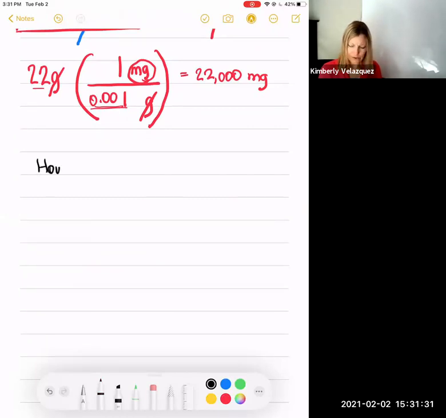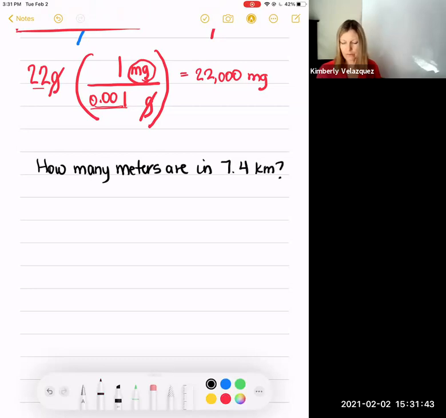How many meters are in 7.4 kilometers? Again, we're going to start with what we're given, 7.4 kilometers.